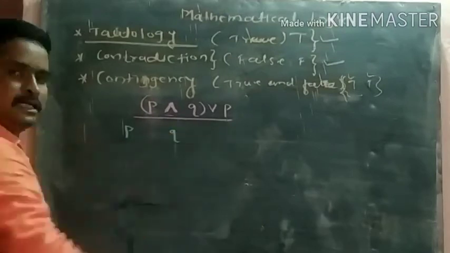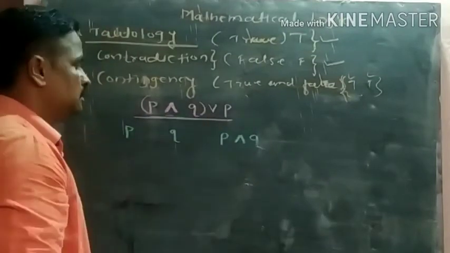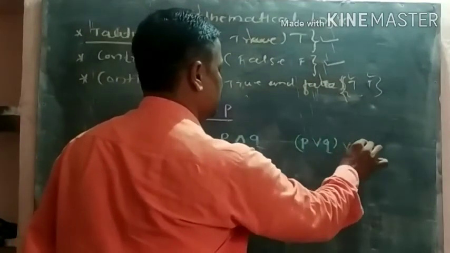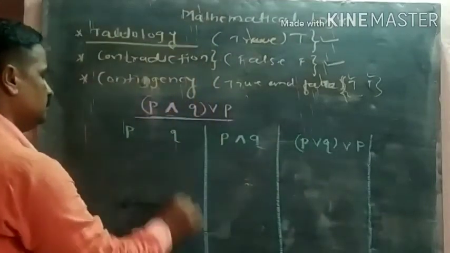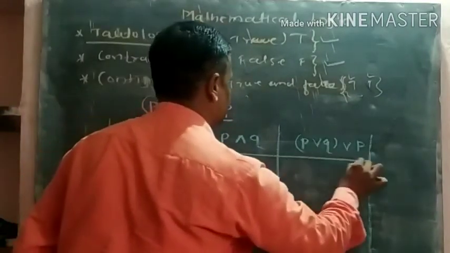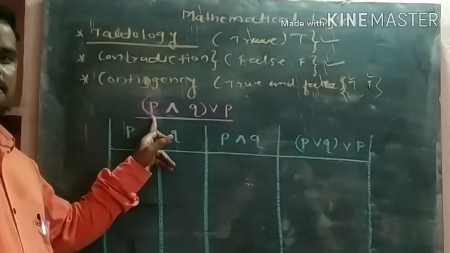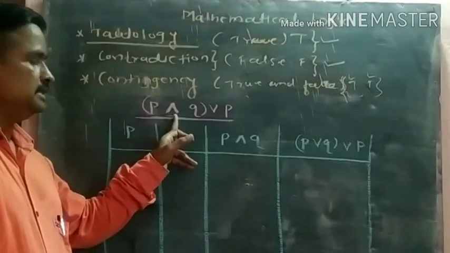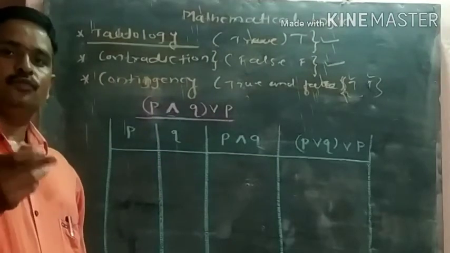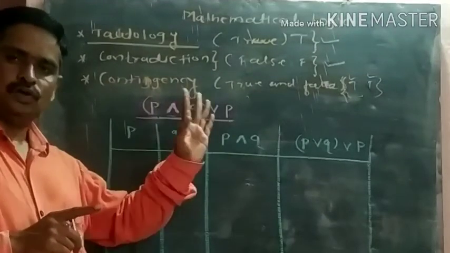Consider P, Q, then P conjunction with Q, then P conjunction with Q disjunction with P. So consider this logical statement: P conjunction with Q, disjunction with P, and we have to verify whether it is a tautology, contradiction or contingency.